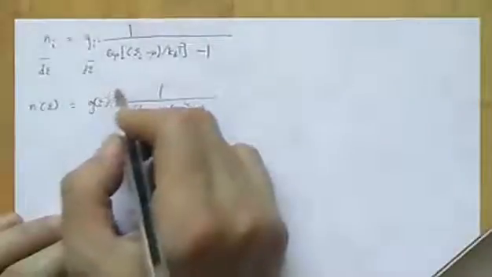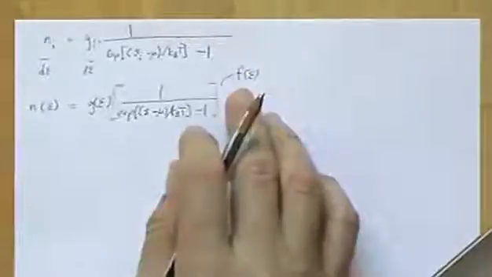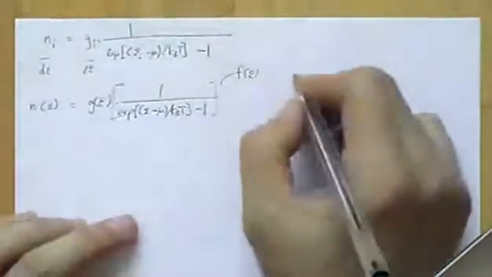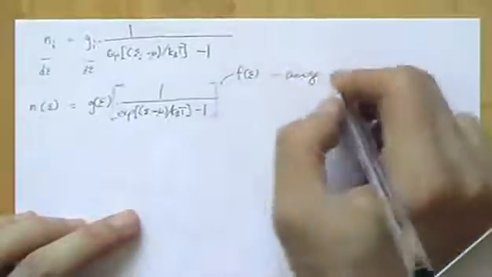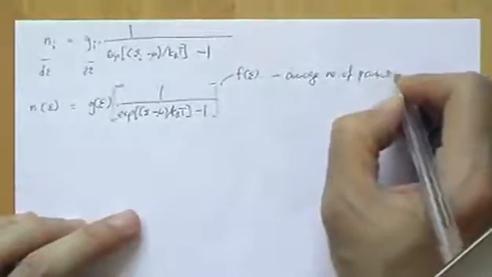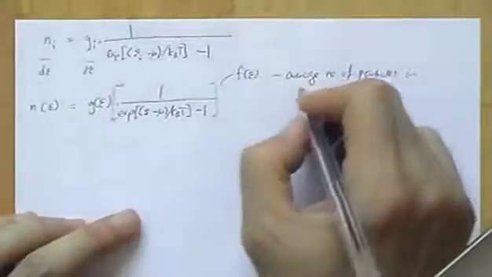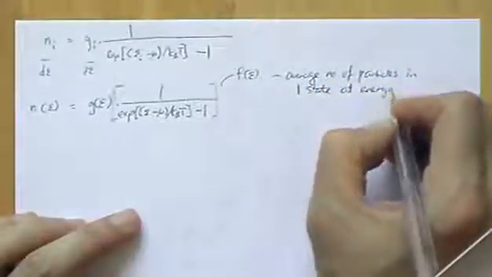And this lot here corresponds to the function F(E) that we have seen before, which physically represents the average number of particles in one state at energy E. This is the occupancy number.